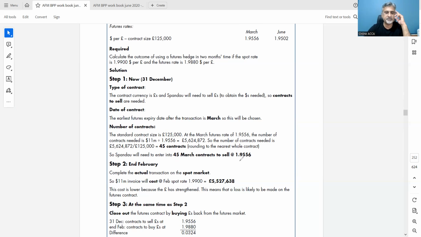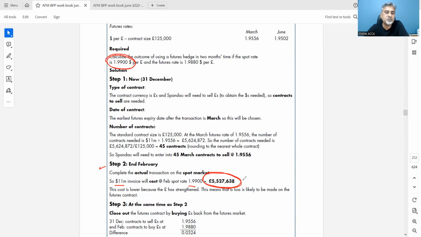This is my agreement. Step number 2, in February, when the actual date comes, I will go to the spot market and I need to buy the dollars. And the spot market says the rate is 1.990. I will buy 11 million at 1.990, which makes it 5.527 million. So this is what I pay into the market.